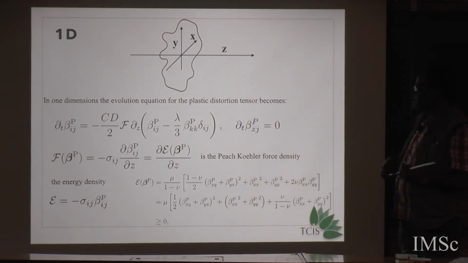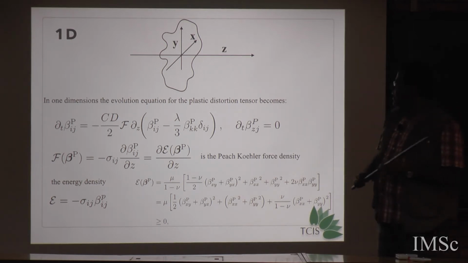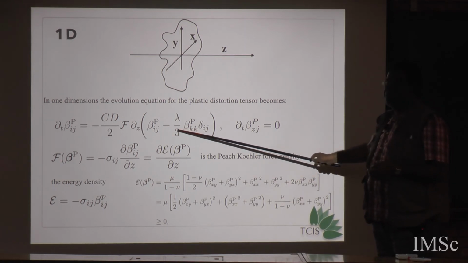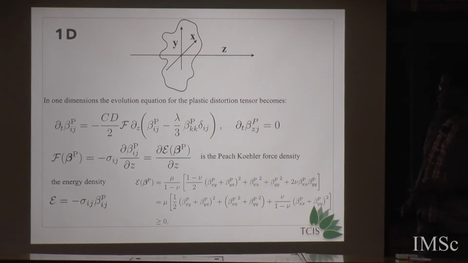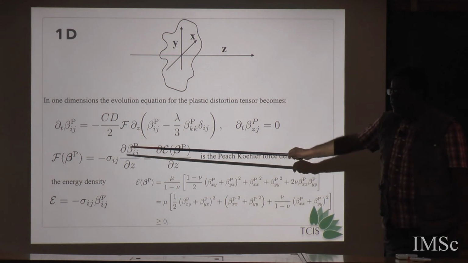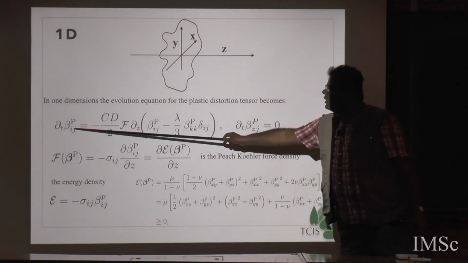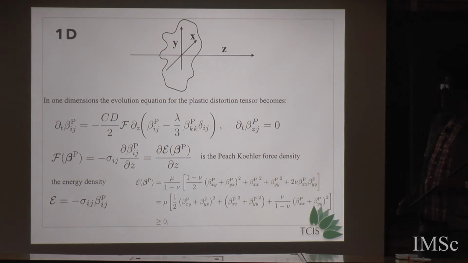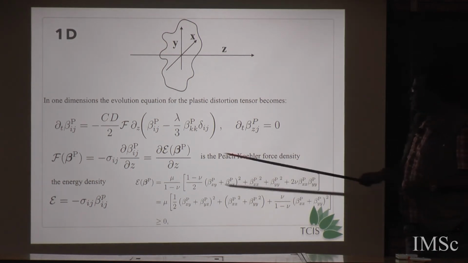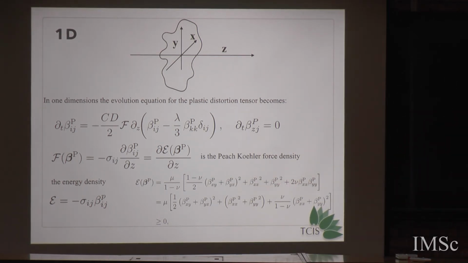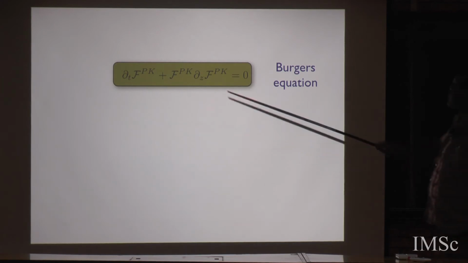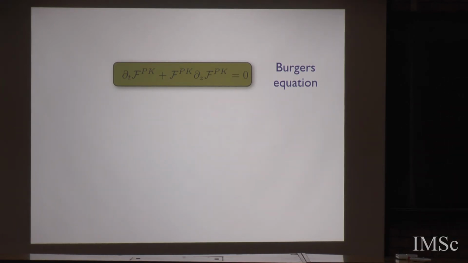Once you make this constraint, you have to put in a lot of algebra, and I don't really have time to go through the full algebra, but one can write the evolution equation not in terms of the plastic distortion field, but directly in terms of the Peach-Koehler force, and then it takes a very simple form.